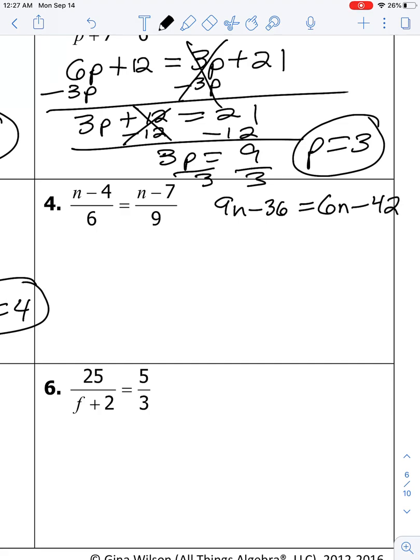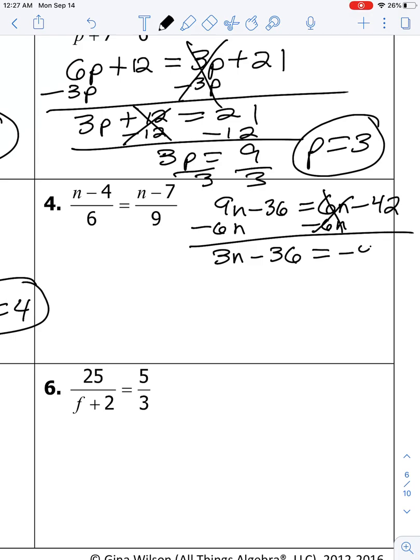All right, so again, we've got two terms on each side. We've got a letter on each side of the equal sign. We need to get our letters all on one side. So I'm going to subtract this 6n over here to this side. So that's now gone. 9 minus 6 is 3. So 3n minus 36 equals negative 42.